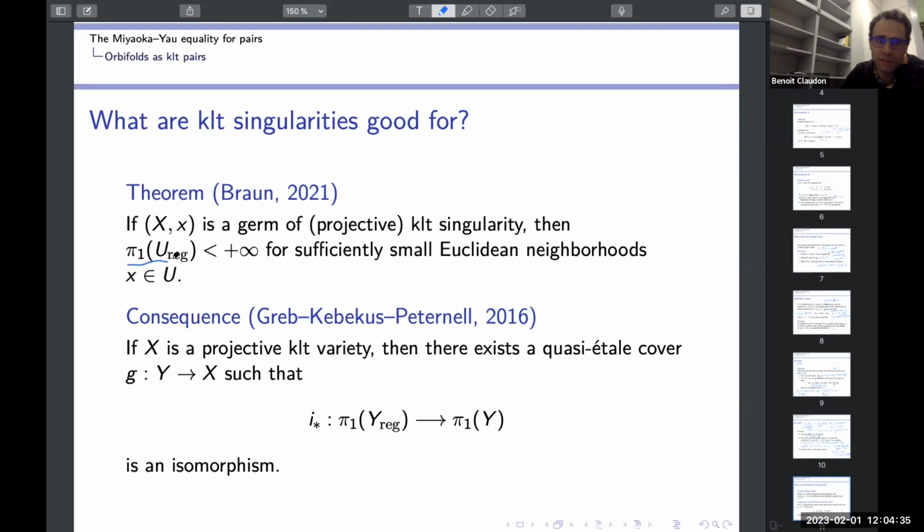So this is reminiscent of quotient singularities.